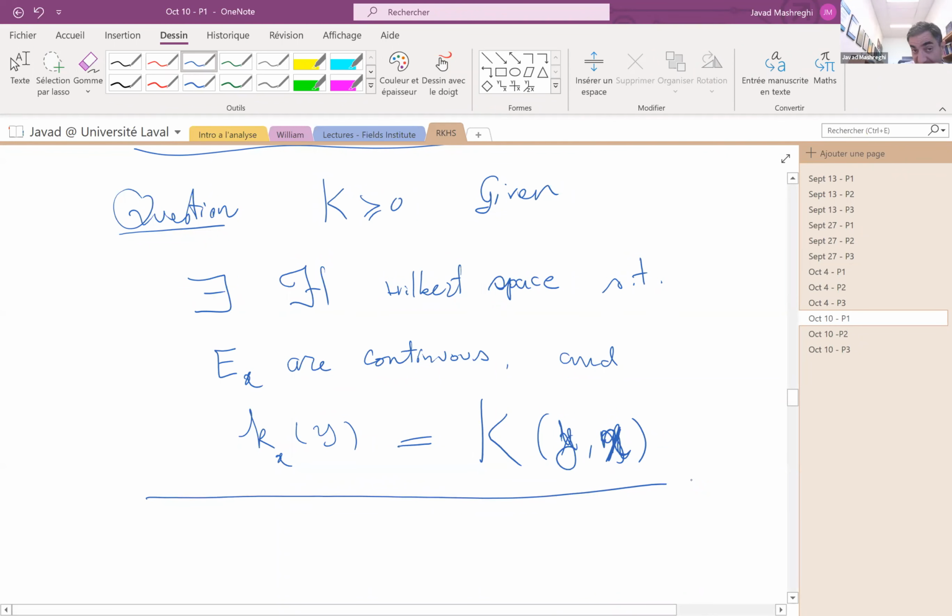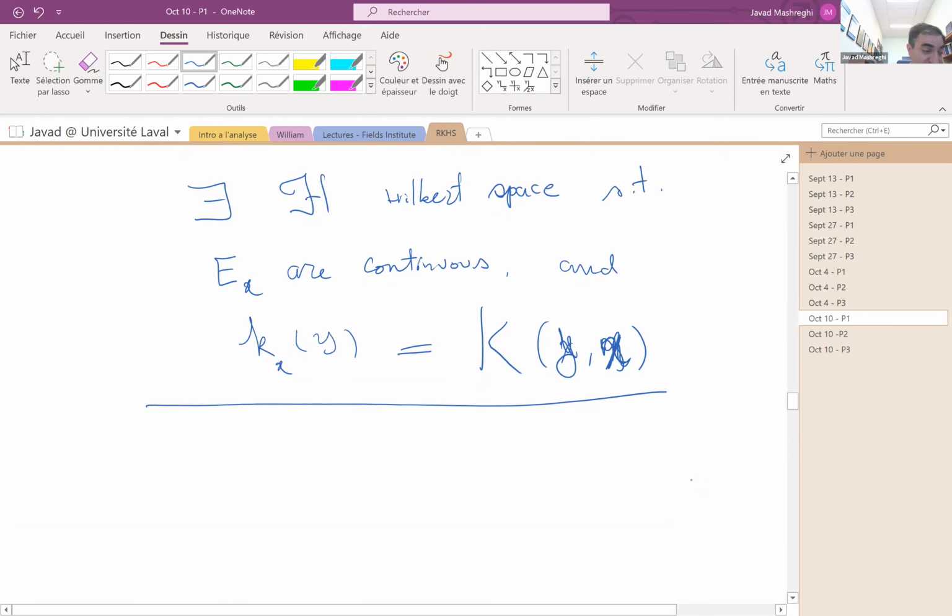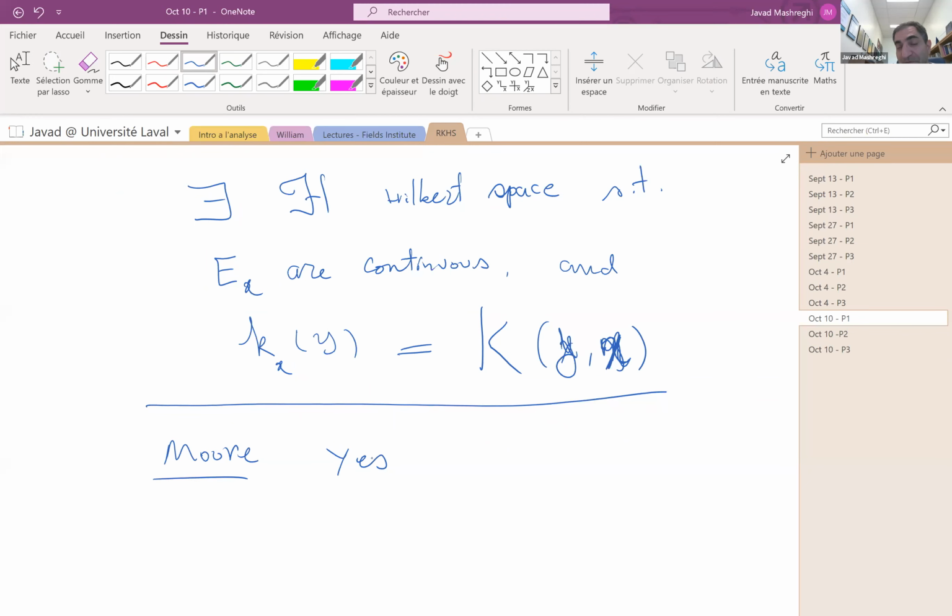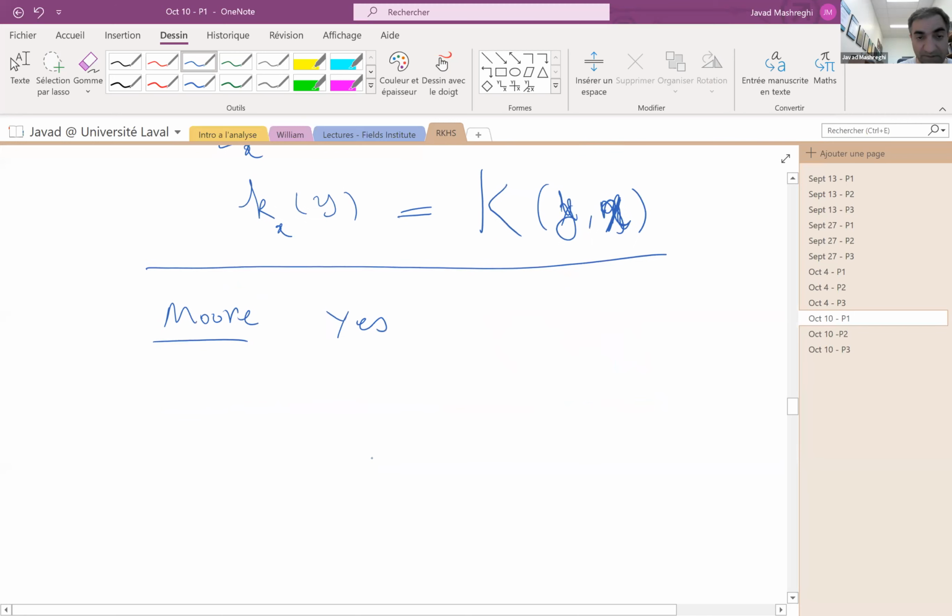And the Moore theorem is indeed the answer to this question, and a very good answer. It means a constructive answer. Not only does Moore say that the answer is yes, but he gives a procedure, a very natural procedure indeed, to construct the Hilbert space H. So I write the theorem and then give the proof.